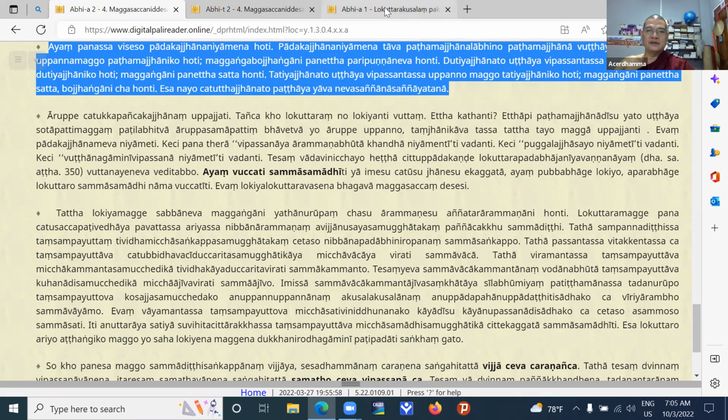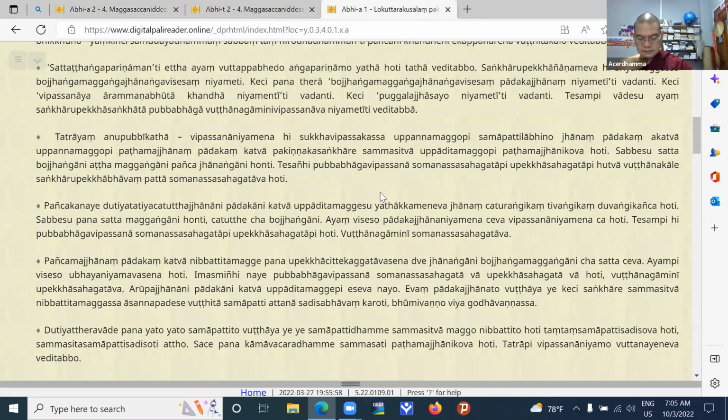Okay, let's go to the Atthasalini. In Atthasalini, there are three methods given. Atthasalini is related to the jhana, magga, jhana, vibhaṅga, related to the magga.